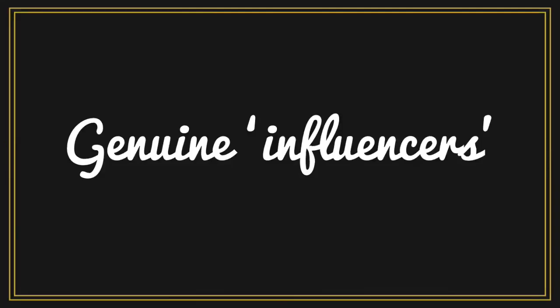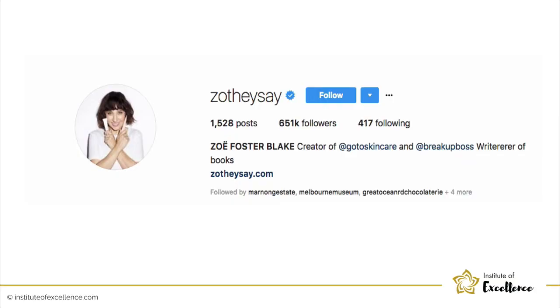Now, the flip side to fake phony followers or influencers, I should say, that have bought fake followers and comments and likes, is the way that you can look out for and reach out to genuine influencers. Someone like Zoe Foster Blake, wife of Hamish Blake, the very popular radio host who's always on TV.